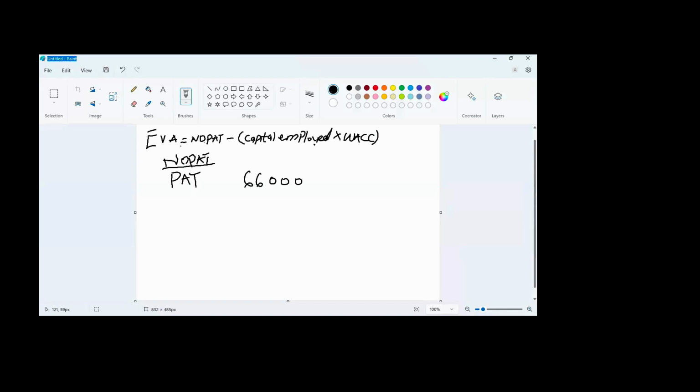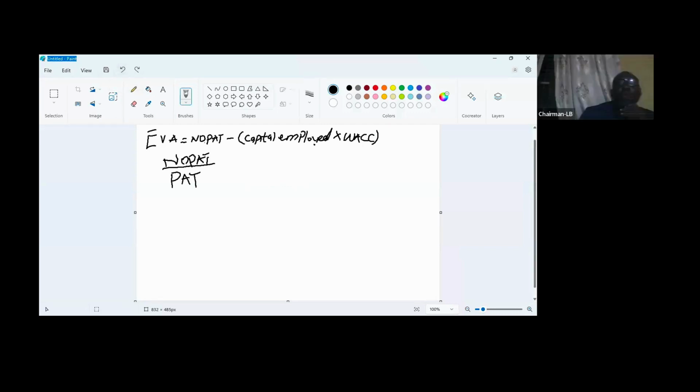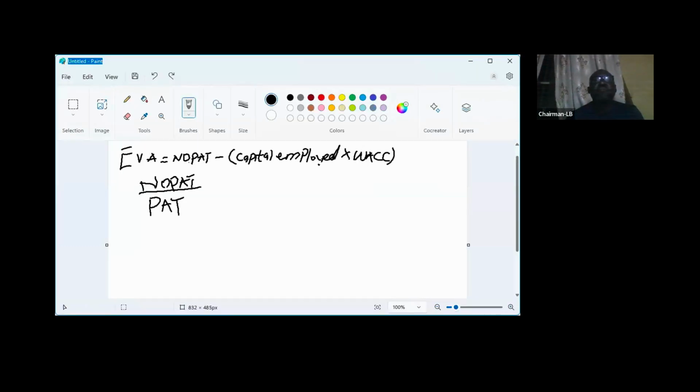Who is giving us the wrong figure? Okay, I know what to do. I will have to pause. That's the challenge. You have to navigate two screens together now.